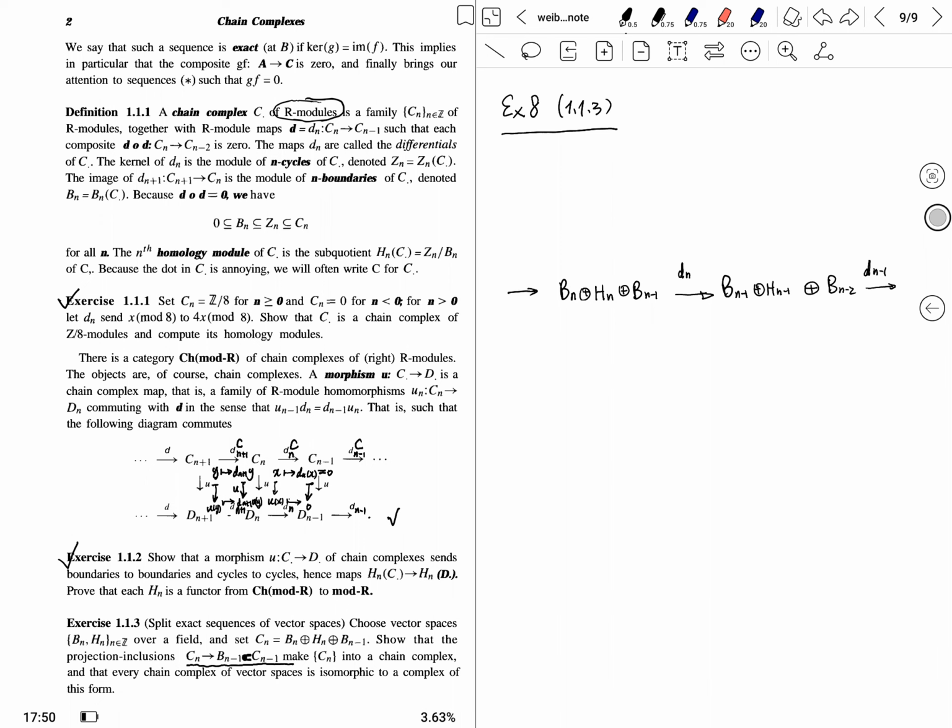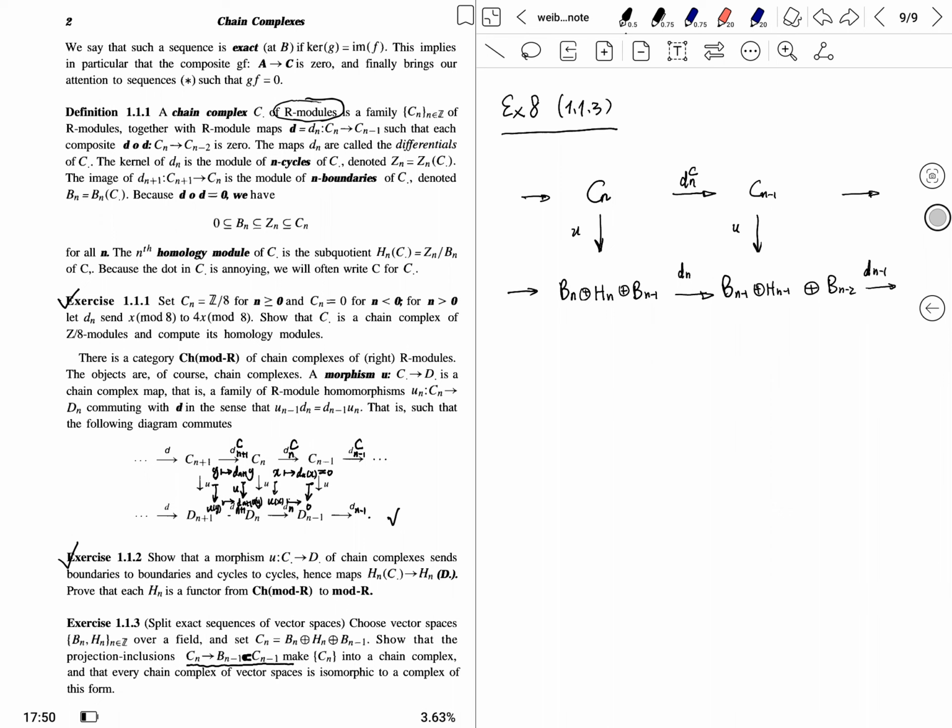What we have to show is that, supposing you have an arbitrary chain complex of vector spaces, you construct a morphism of chain complexes that is an isomorphism of chain complexes.